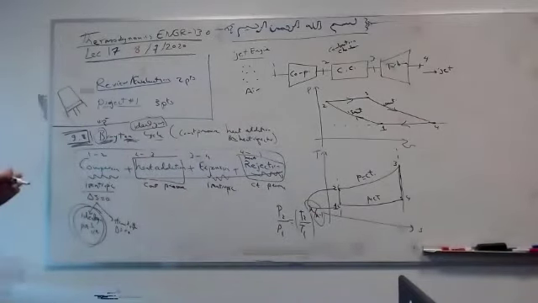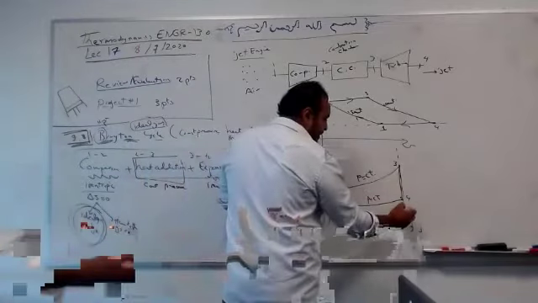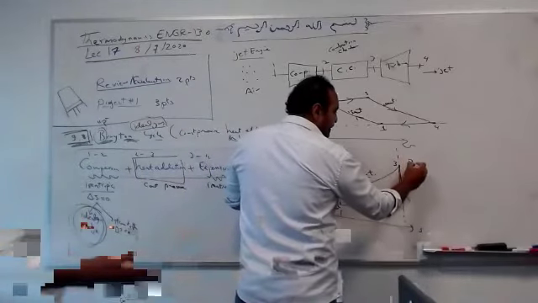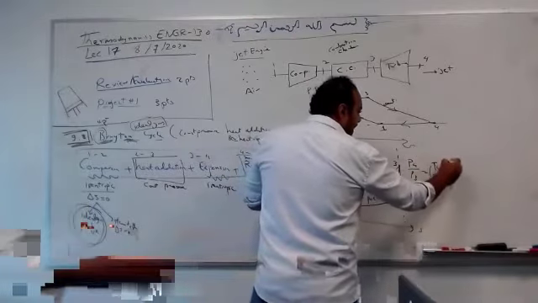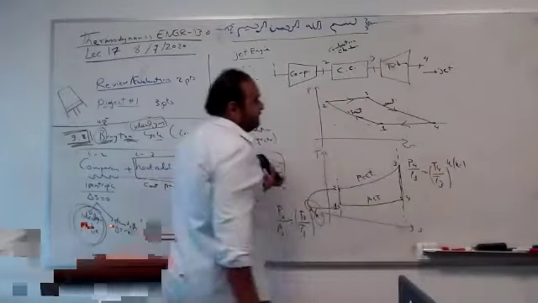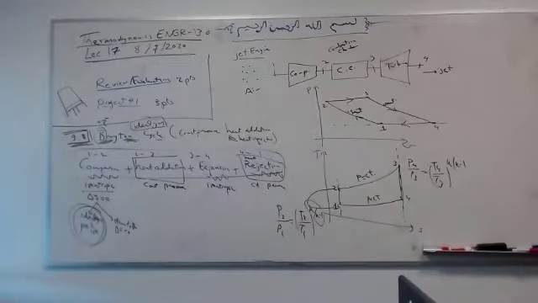Isentropic means P4 over P3 equals T4 over T3 to the power k over k minus 1. That's always if it's isentropic. Ideal gas at every state: PV equals RT. That's always correct.